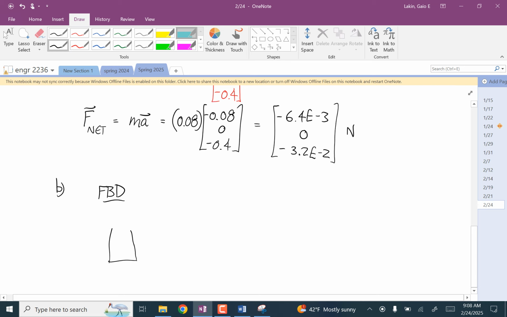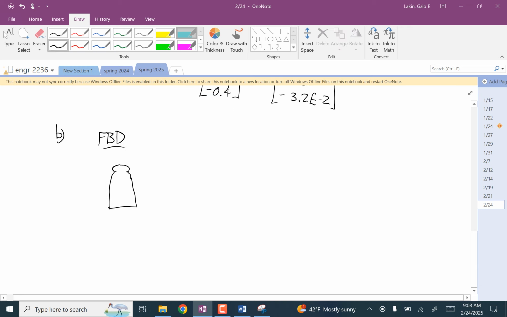I'm going to draw it from the side like this. And anything that's not in this plane that I've drawn, I'm just leaving out.